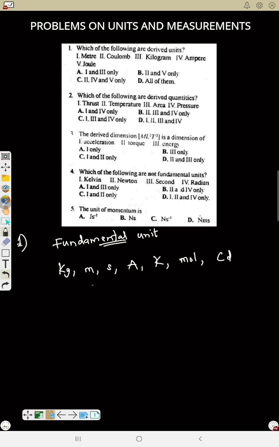So these are the 7 basic units, that is the SI units. If you combine any of these, you get derived units.